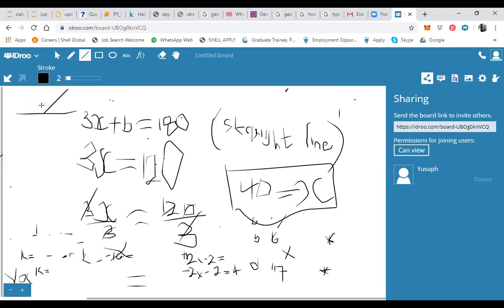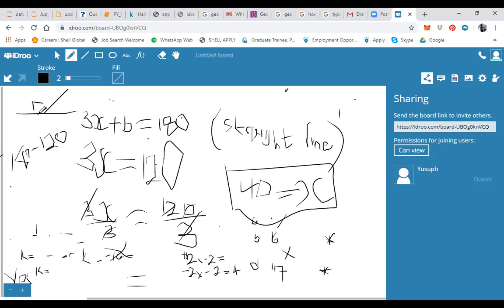Here is 120. This place is 120. The rest of this side will be what? It's going to be 180 minus 120. And what's that going to give us? It's going to give us 60, because the sum of angles on a straight line is equal to 180.